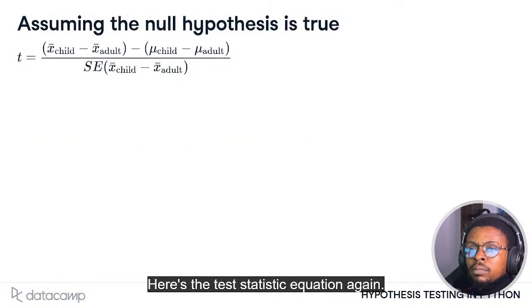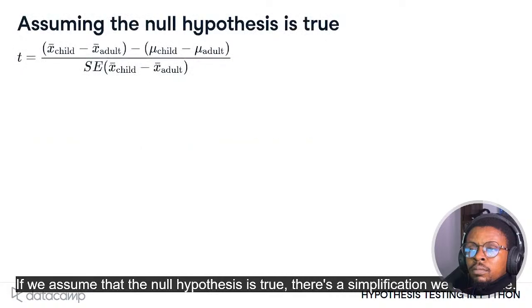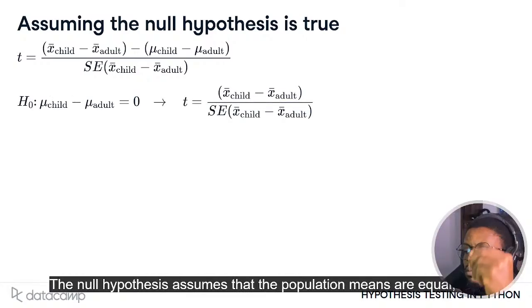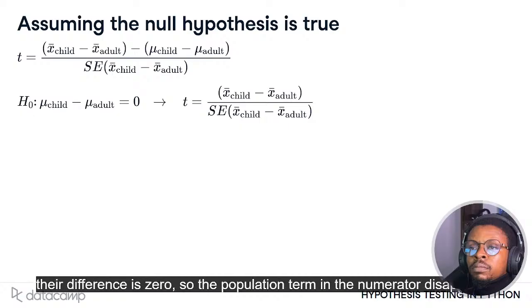Here's the test statistic equation again. If we assume that the null hypothesis is true, there's a simplification we can make. The null hypothesis assumes that the population means are equal, and their difference is 0. So the population term in the numerator disappears.